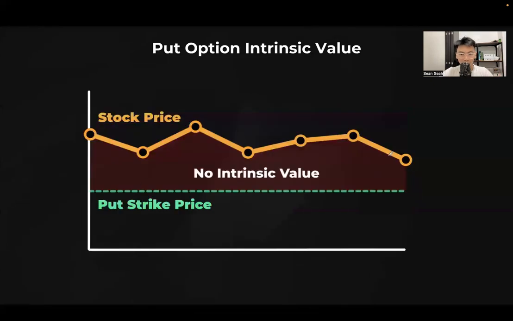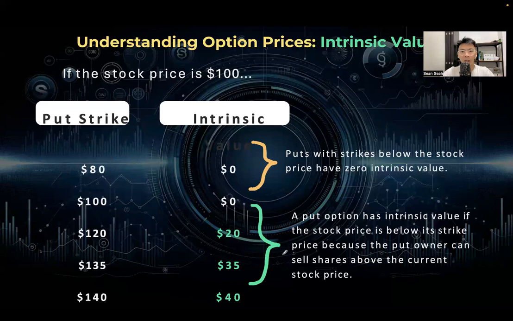If the share price is above 170, we have the right to sell at 170, but say it goes up to 200, there's no reason to buy shares at 200. We would be buying at a high price and selling at a low price. No reason to do that. So there's zero intrinsic value. This is the intrinsic value of both put and call options.